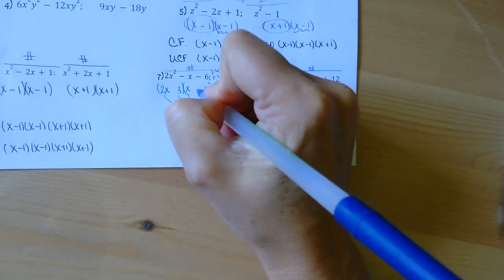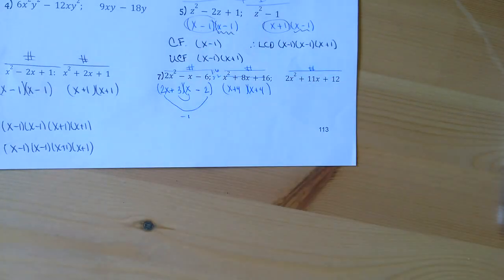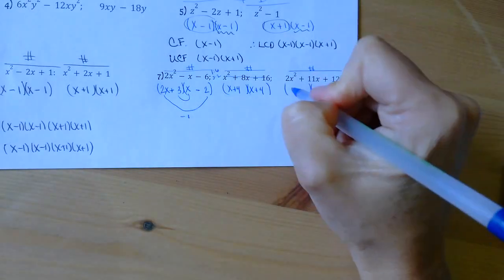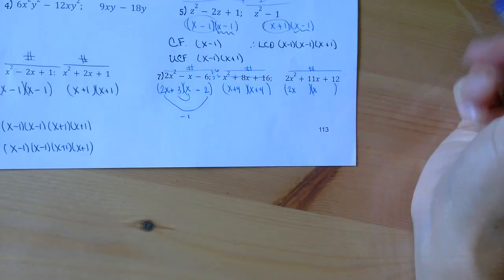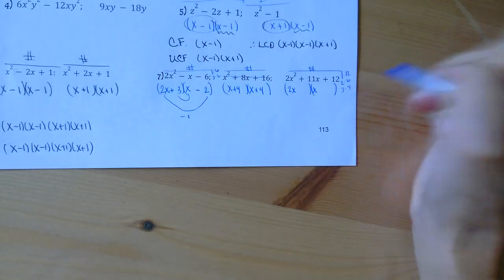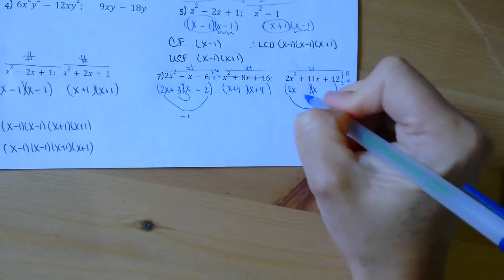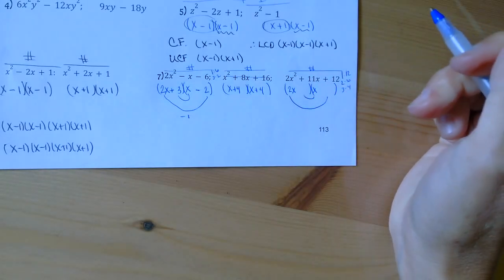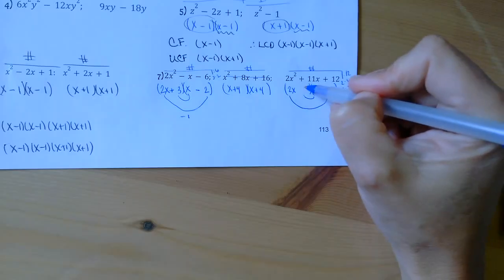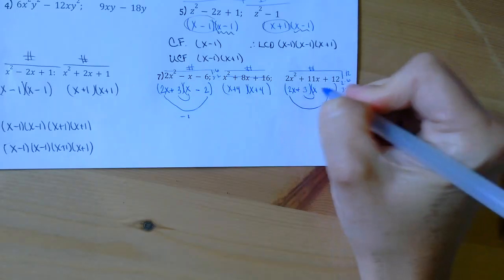That can get me a negative 1 if my 4 is negative and my 3 is positive. 2x and x. Let's see, I can go 1 and 12, 2 and 6, or 3 and 4. Again, I need to get an 11 in the middle. Let's see, if I go 4, that's going to get me 8, 9, 10, 11. That would work.